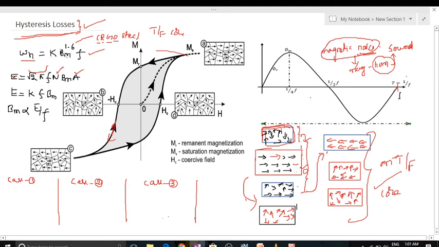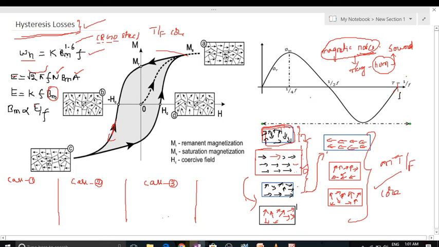From this, B max is directly proportional to E by F. If E by F is constant, K into B max will be constant, and B max to the power 1.6 will be constant.